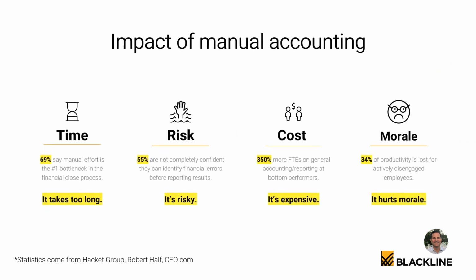And why isn't it sustainable? Well, it really boils down to four things: time, risk, cost, and morale. The time your team dedicates to manual tasks becomes a bottleneck, and it causes your month-end close to take longer and longer to complete. It's risky to complete tasks manually in Excel because it's hard to prevent mistakes, and that can lead to inaccurate financial reports or forgetting to do key tasks.